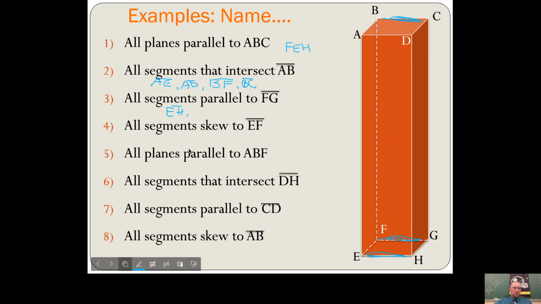They're on the back wall. They don't touch, so they're parallel. And there's one more, and it's easier to see. Think about what this one's parallel to. You could definitely see this one is. So segment AD is also parallel to that segment FG. It's a little bit tougher to see which plane goes through both of those. But there's a diagonal plane that would slice through this top front edge to the bottom back edge.